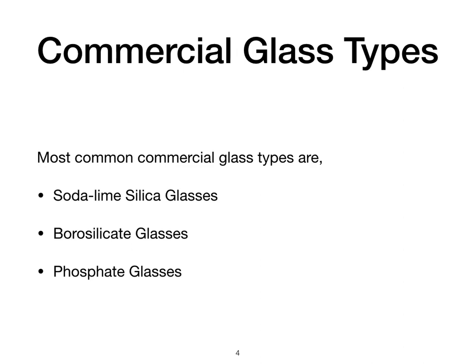Second one, borosilicate glasses. The primary components are oxides of silicon and oxides of boron. They have high thermal shock resistance and very high chemical resistance as well.